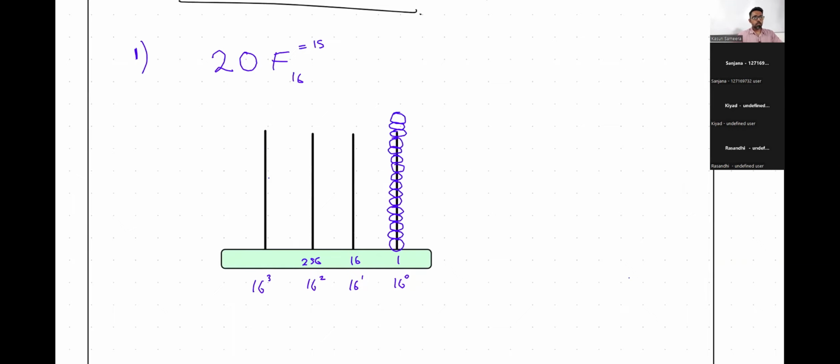Hope it's correct. Next number is 0. Don't put anything here. 2, 1, 2. The value of these two circles is equal to 256 times 2. Got it?